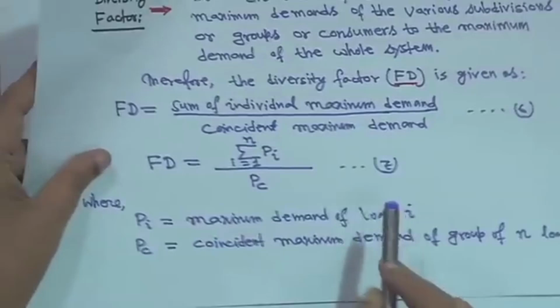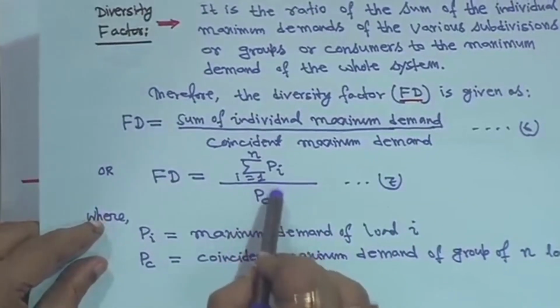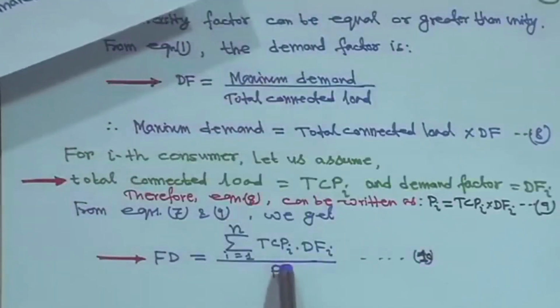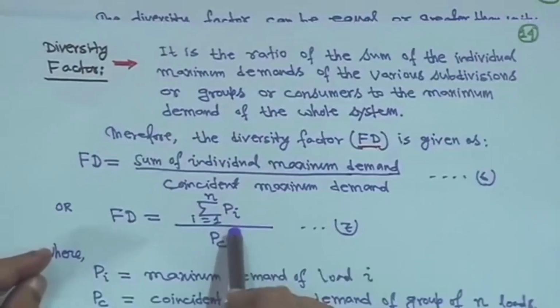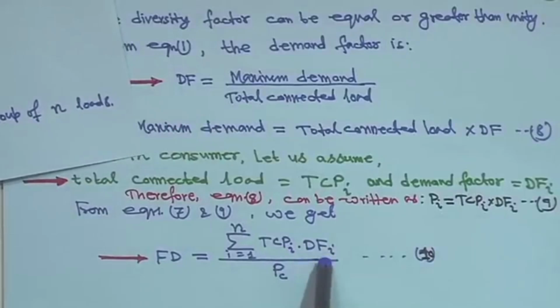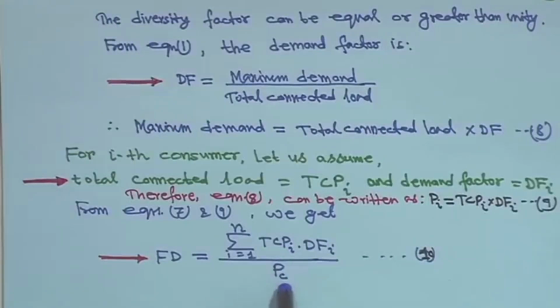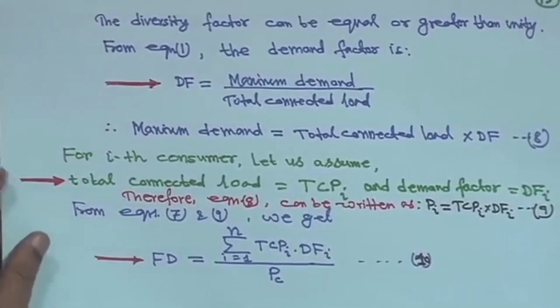This is equation 7, and here you are substituting Pi is equal to TCPi into DFi, divided by that Pc. So, this is equation 10. That is your diversity factor FD. DF is the demand factor, but FD is the diversity factor.